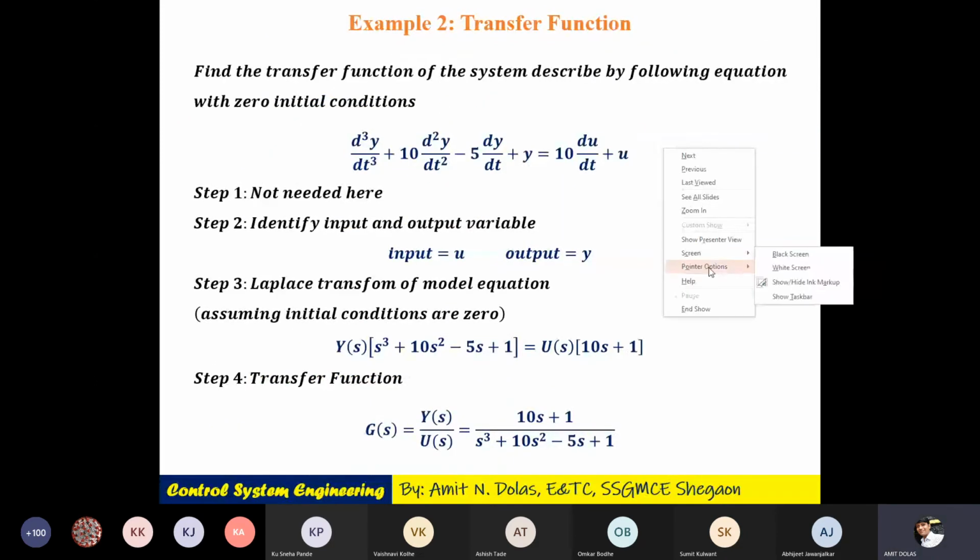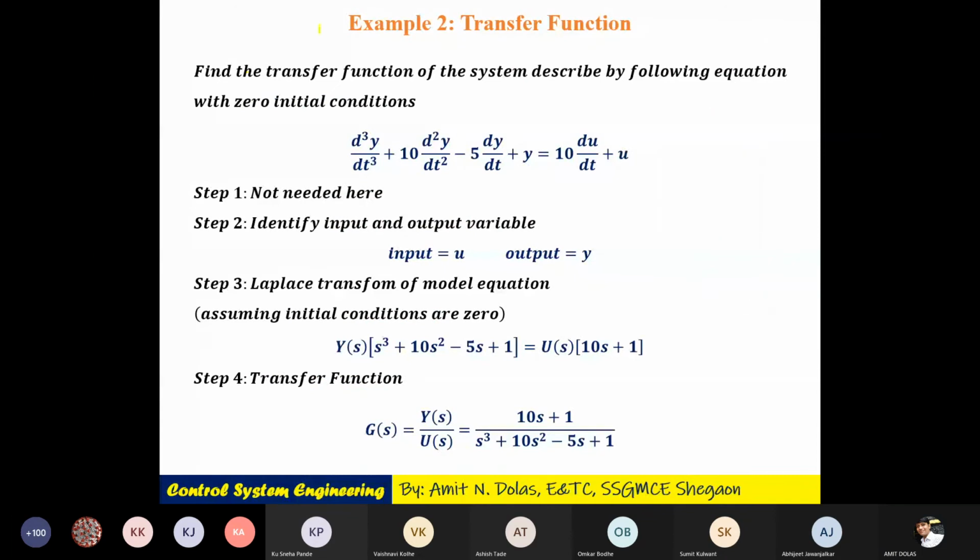Next is transfer function of ODE. Find the transfer function of the system described by the following equation with zero initial condition.